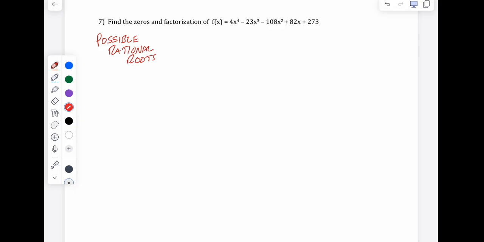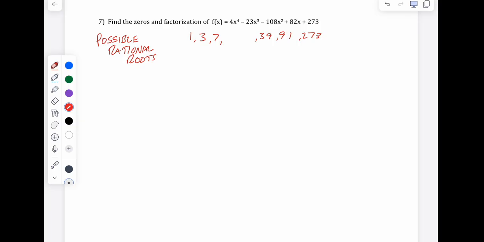So I know I'm going to have 1 and 273. I know that 2 is not going to work, so I'm not going to bother. I'm going to try 3. Yeah, 3 goes into it with 91. I know no even number works, so I can skip 4. 5 doesn't go in. 7 works with 39. I can kind of tell 11 doesn't work.